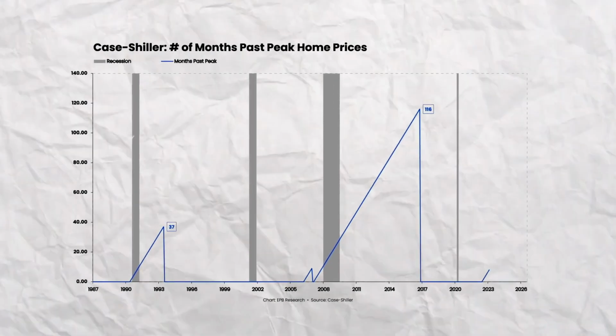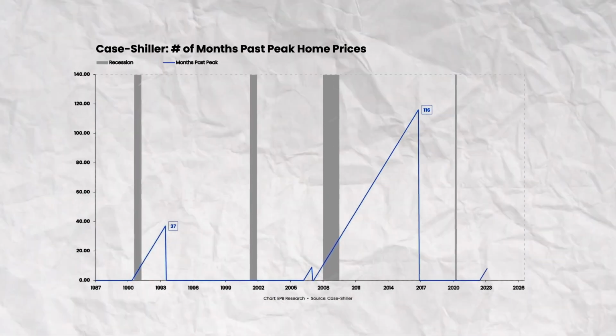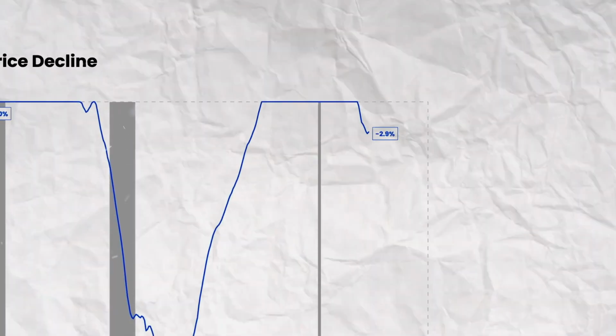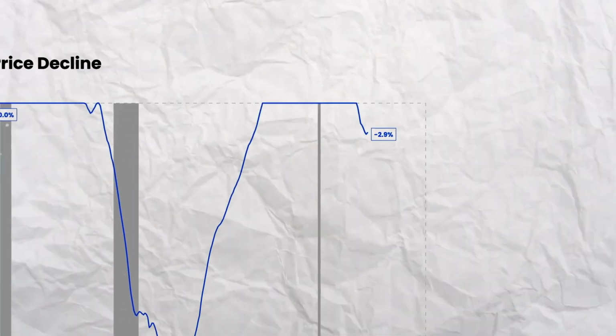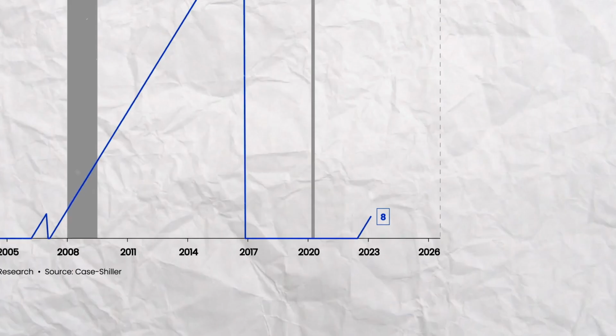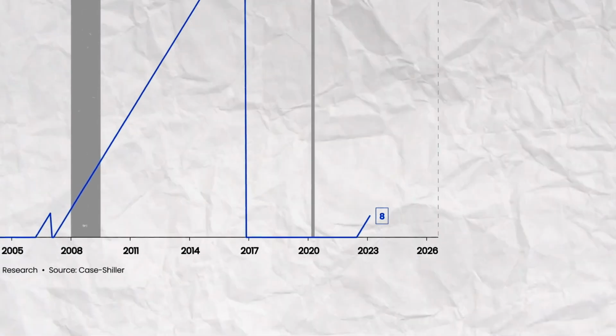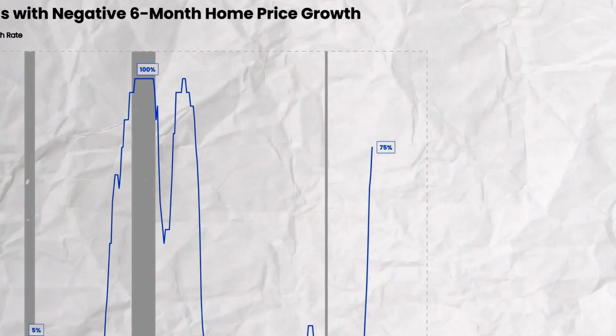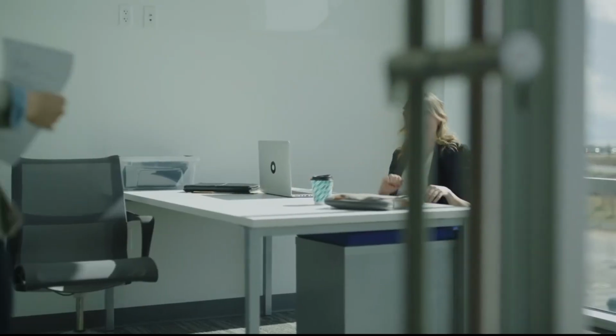Clearly, we are currently in the midst of another housing price downturn, as declines are at about 3% from the peak. The duration of this downturn is 10 or 11 months, and 75% of the cities show declining housing prices. We can discuss the magnitude of this downturn, and in the next section, we will compare this housing price decline with a longer historical perspective.